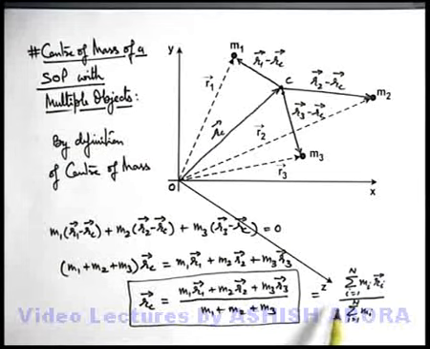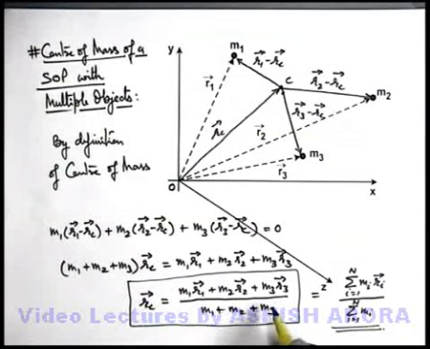If there are n masses, then this relation can be used by summing up m1 r1, m2 r2, m3 r3 and so on up to mn rn upon the sum of all the masses of the system. So this is a generalized relation we can use for a multiple object system to calculate the position vector of the center of mass, if the position vectors of their independent masses are already known to us.